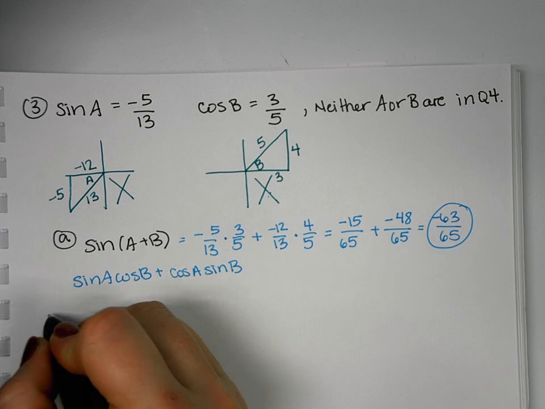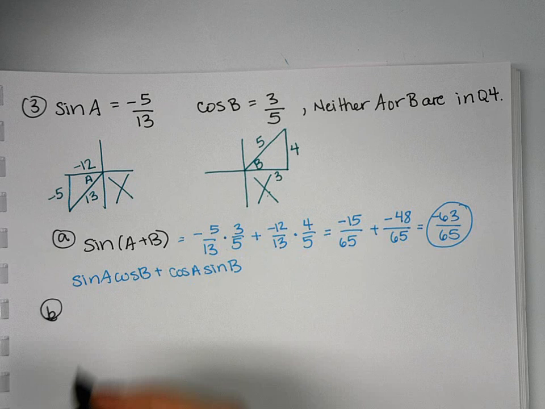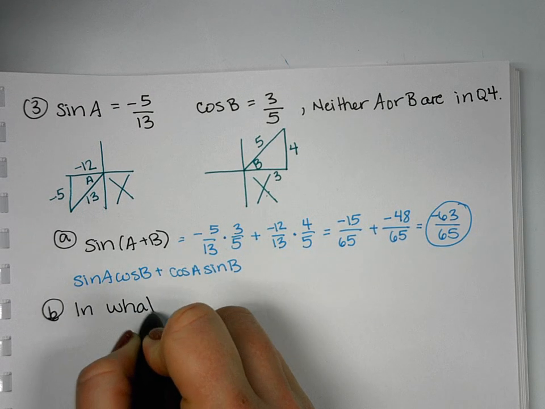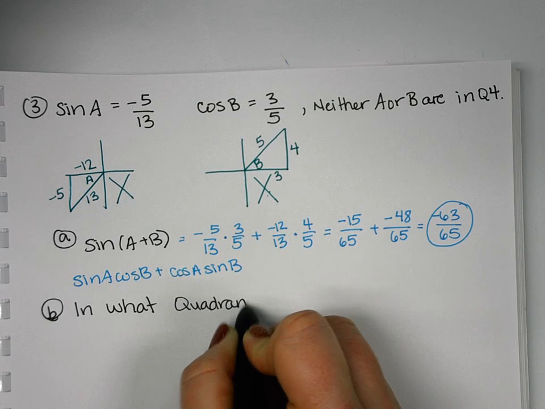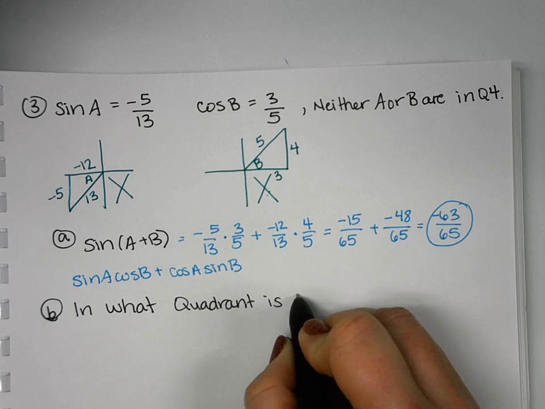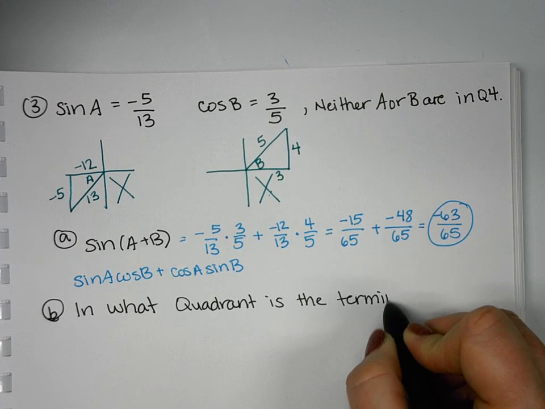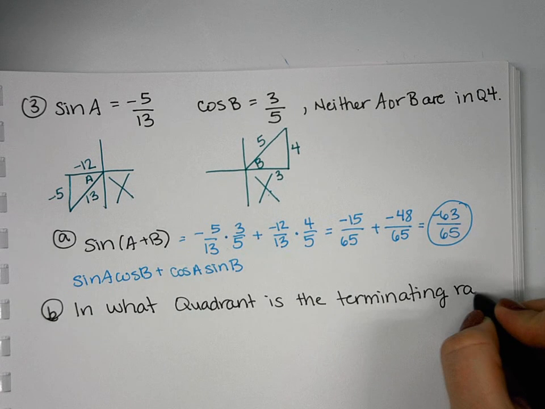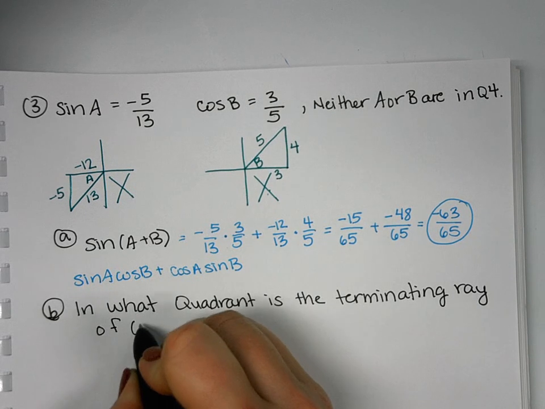The second part to this same question: in what quadrant is the terminating ray of A plus B?